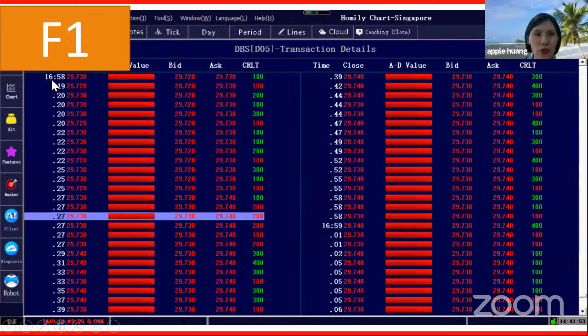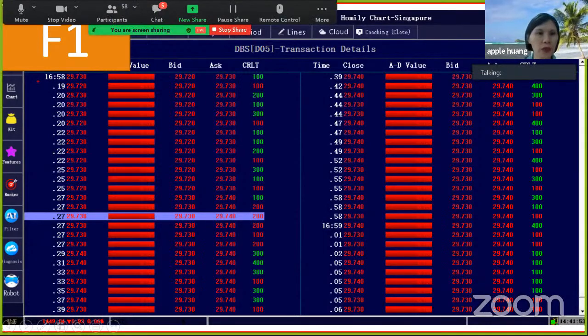It will show you the time, what the bid and ask price is, and what the actual transacted volume is. Here is the time, then the transacted price, the bid and ask, and the actual trade volume. It is volume, not amount.